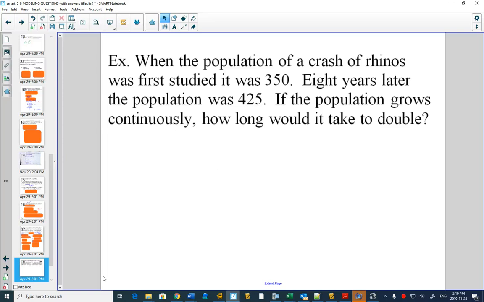Crows are blackbirds. Do you know what you call a group of crows? A murder of crows. Crazy English language. You can ask any animal you like, but a group of rhinos is called a crash of rhinos. I would recommend not running into a group of rhinos.